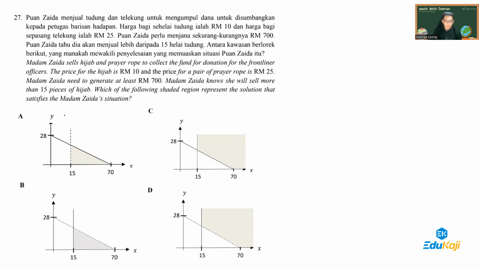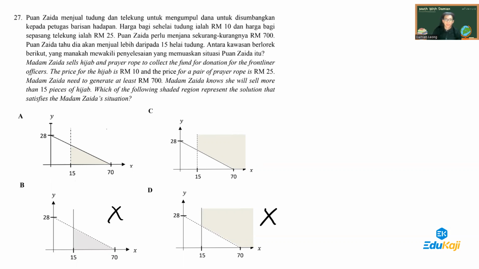More than 15 hijab. So the 15 is on the x, means hijab is the x. Prayer robe is the y. She will sell more than 15 pieces of hijab, means to the right of 15, which is all of this. But this one uses a solid line, and they say just more than, so it shouldn't be these two. It should be a dotted line.